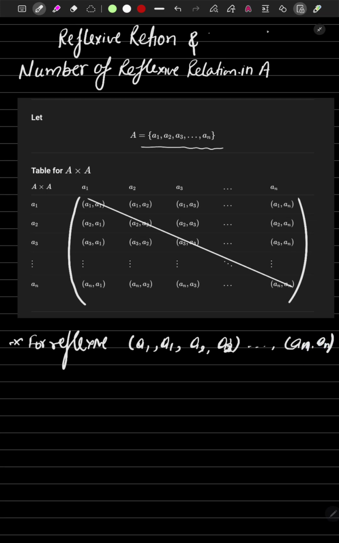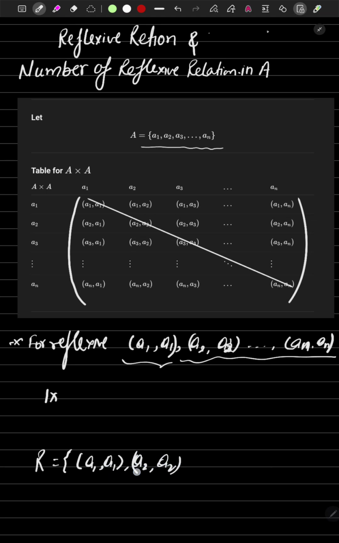These elements have to be in the relation R. It means there is only one way to take all of these elements. After this, try to think, dear student. Let's say I made one relation R. So at minimum this is required: (A1, A1), (A2, A2), up to (An, An).